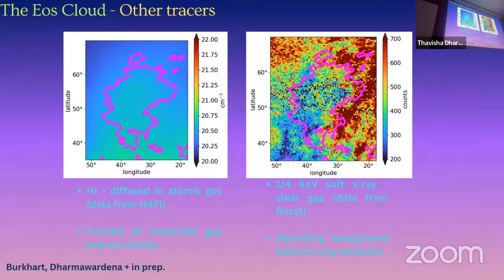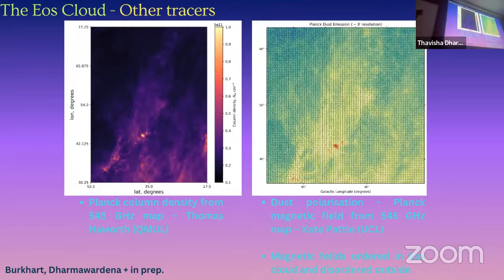And then when we look at this quarter keV soft X-ray, we also see this really nice outline that outlines the shape of the cloud. This also gives us evidence that it's nearby because it's absorbing the background X-ray emission. And then we looked at the Planck data, and here's the column density based on Planck data, and we can see the cloud very nicely again.